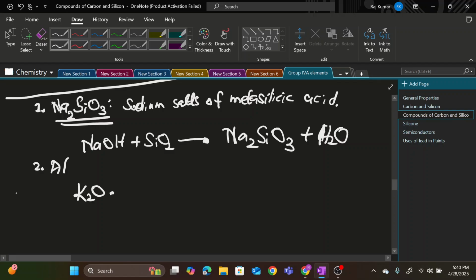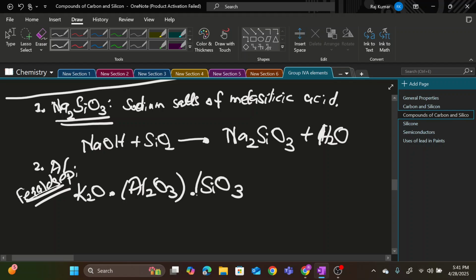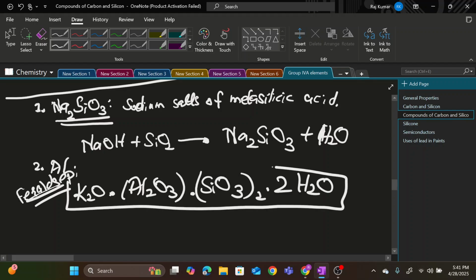This is the formula for feldspar: K2O dot Al2O3 dot silicon dioxide dot 2H2O. This is the entire formula for a rock mineral, feldspar.